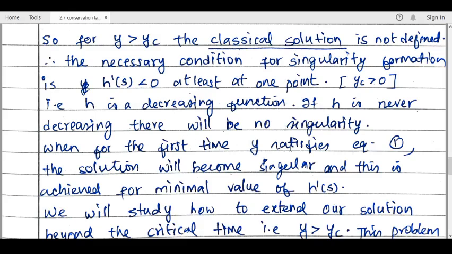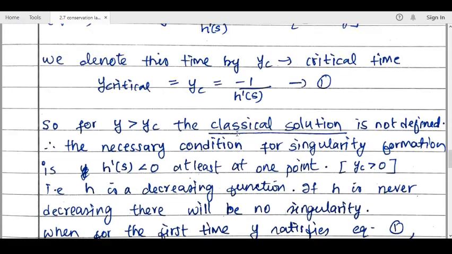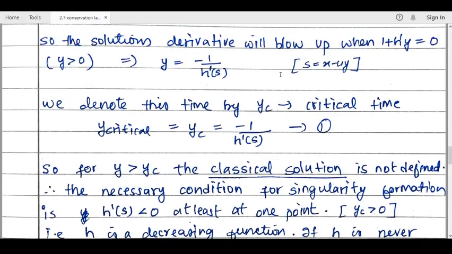So the first time when y satisfies equation 1, the solution will become singular, and that is the value of s for which this vanishes or becomes singular: 1 plus h dash of s equal to 0.